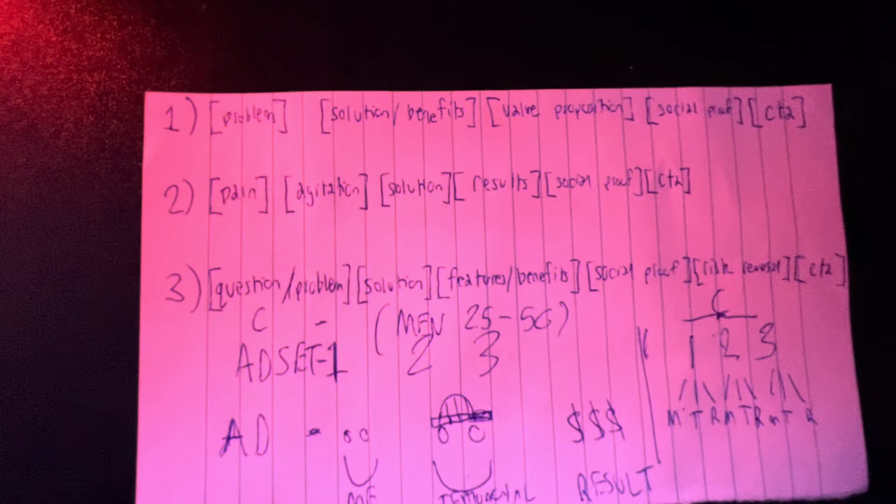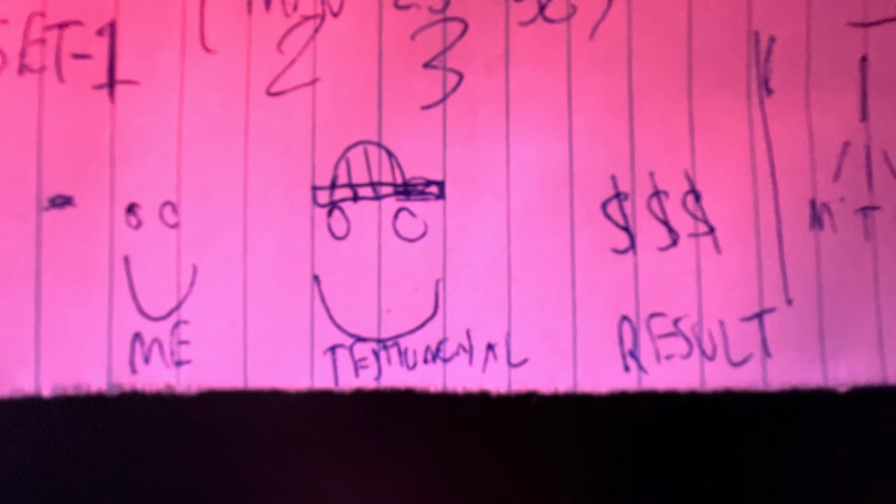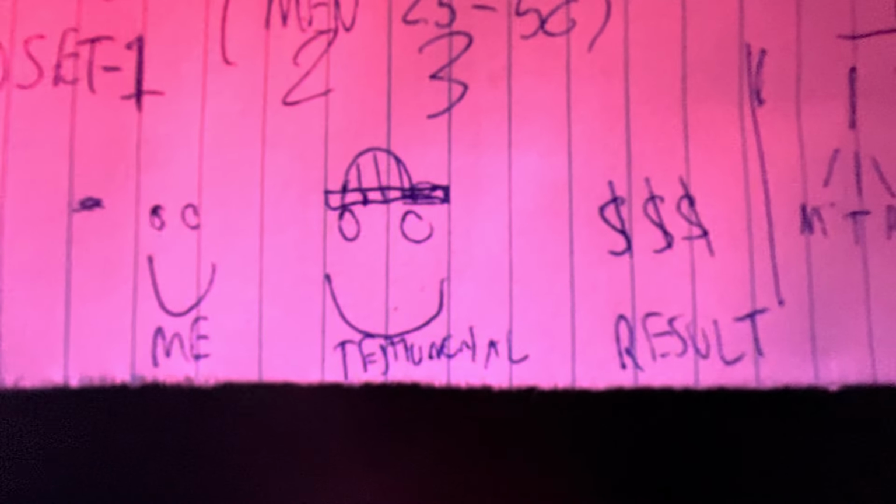So what I'm getting at with this is just by having these 3 types of copy, and these 3 types of creative, which will all be probably some sort of video, because videos perform really well, we're now testing. Look at this. Let's look at our variations.